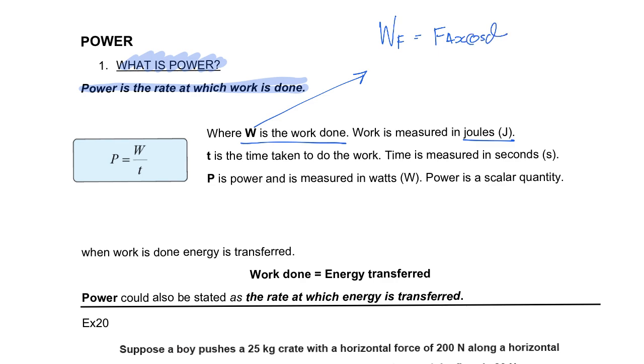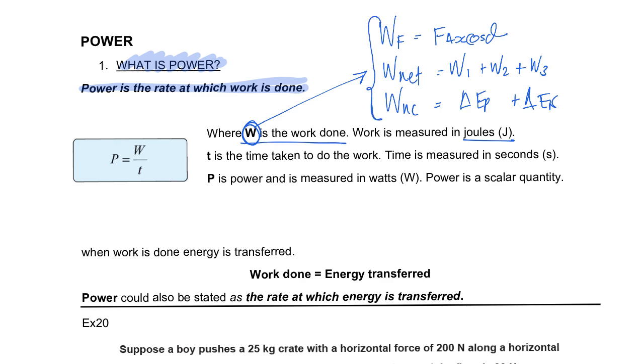We could be looking at W net, which is equal to W1 plus W2 plus W3. Depends. We could be talking about W non-conservative, which is a change in potential energy plus a change in kinetic energy. So this W can be any one of those W's. It could be generic, it could be a net, it could be energy principles, depending on the situation.